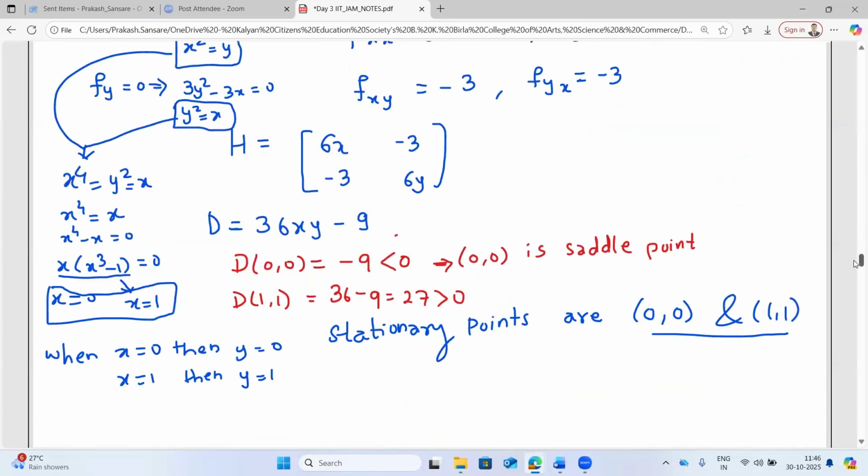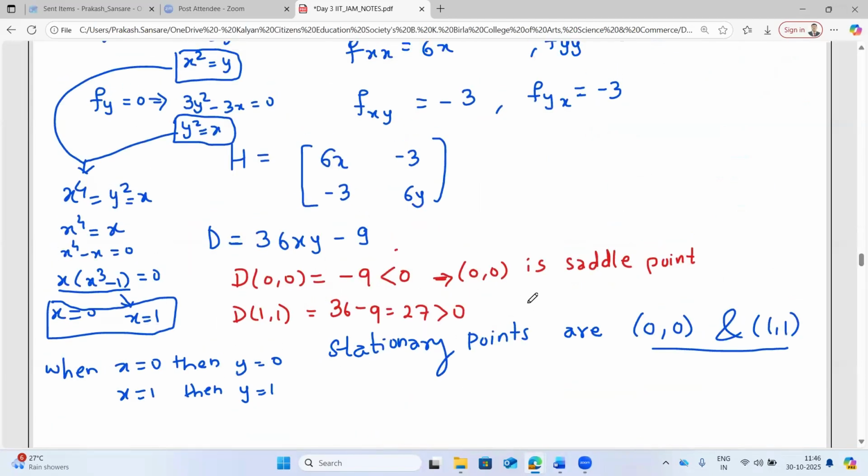So now what is fxx here? fxx at 1, 1. fxx we have already calculated, it is 6x. So it is 6, which is greater than 0. So D is greater than 0 and fxx is greater than 0.